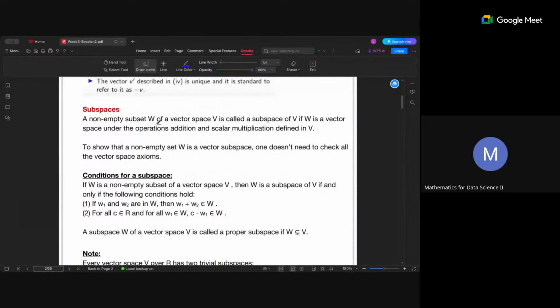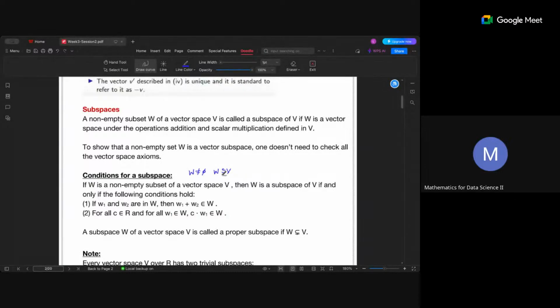What are subspaces? They are non-empty subsets of the vector space which are also closed under addition and scalar multiplication defined in V. What does that mean? First of all, W is a non-empty subset of V, and it follows these two conditions.